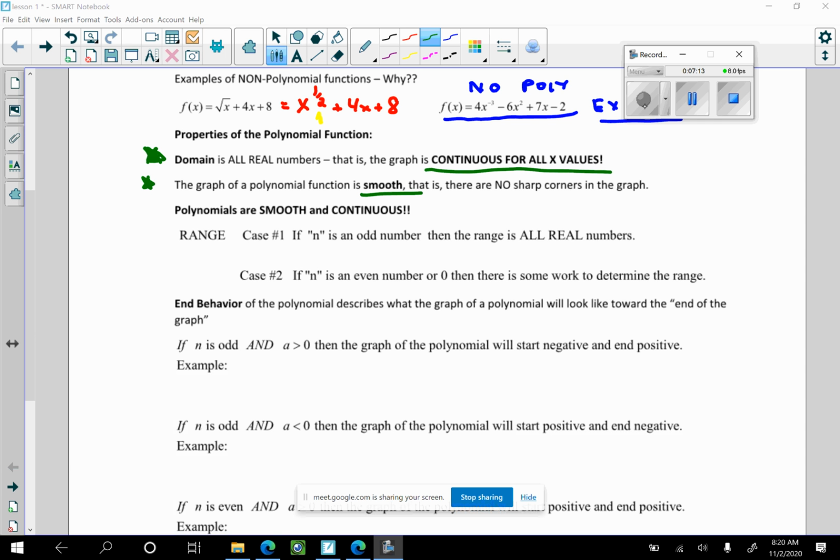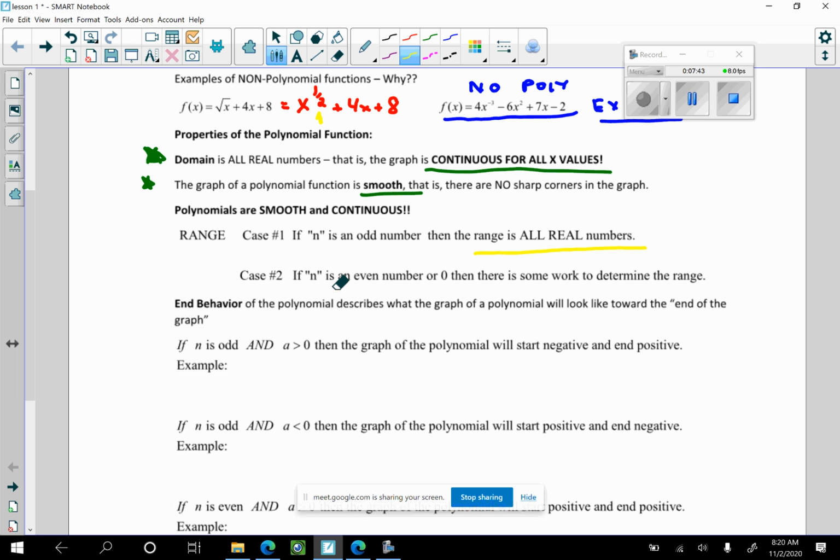So when we talk about the range, if n is an odd number, if the degree of the polynomial is odd, the range is all real numbers. If n is even, say x squared, a quadratic function, the range is not all reals.